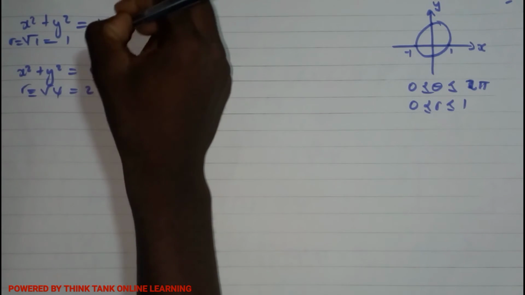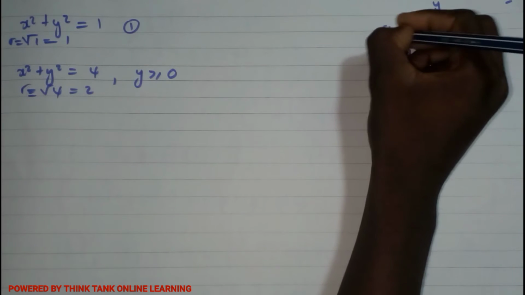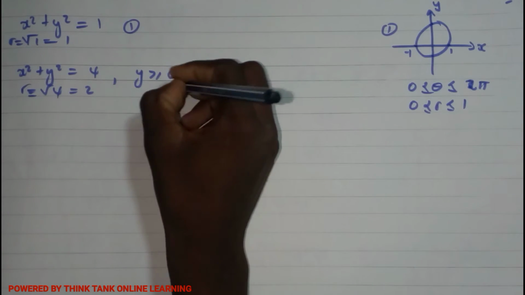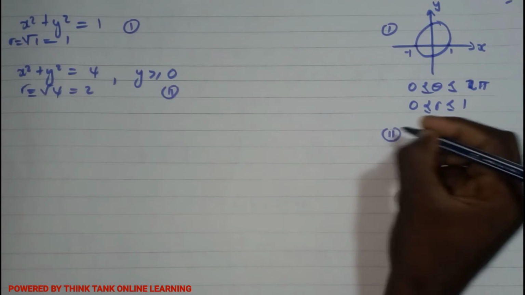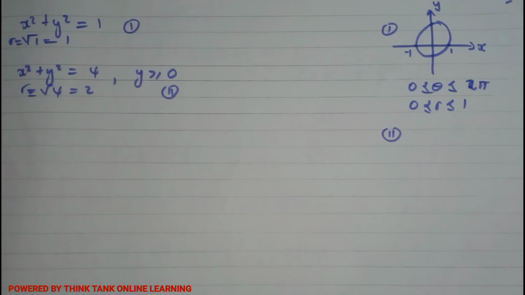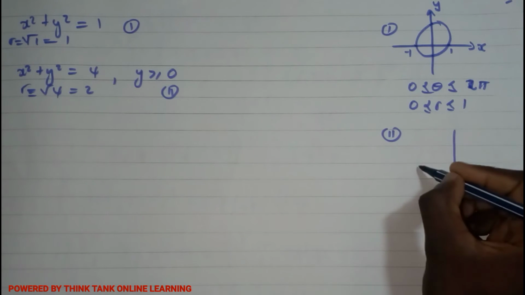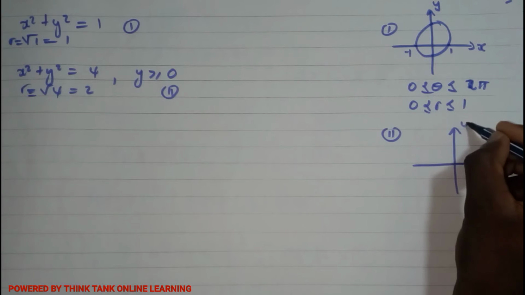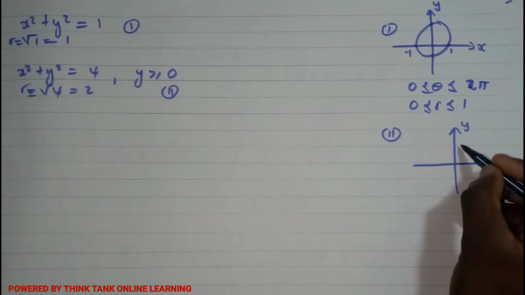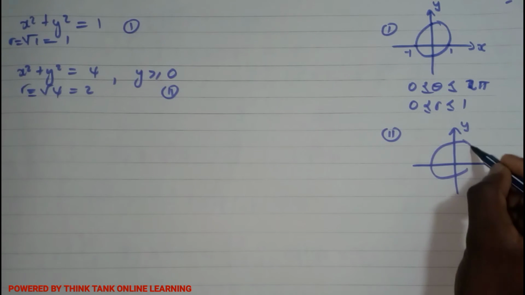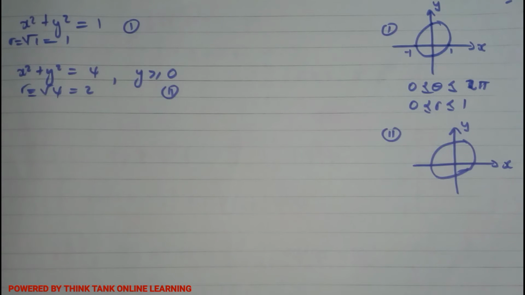I'm going to draw this circle. The origin is still my center, with y and x axes. It doesn't look good, but at least you know what I'm trying to do.